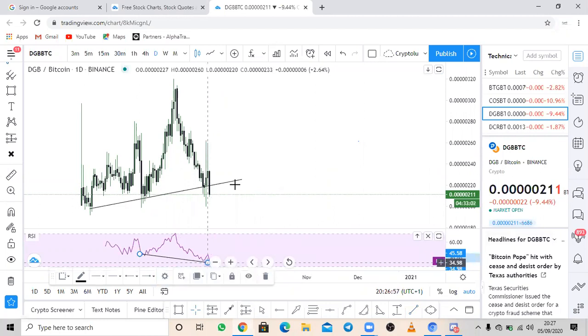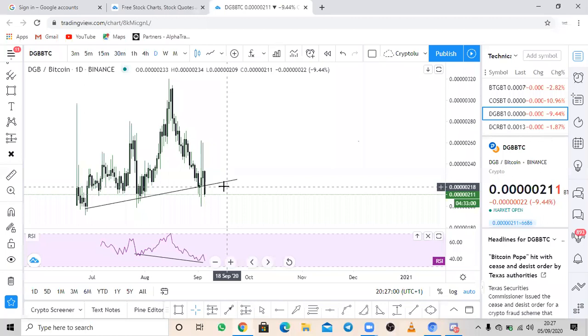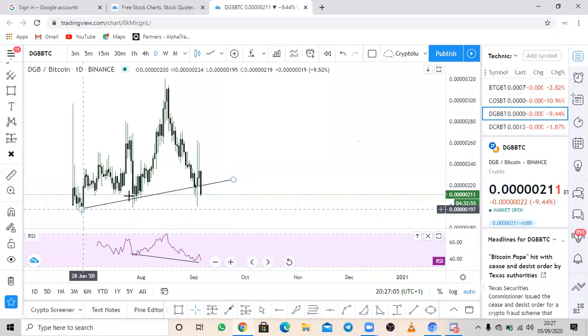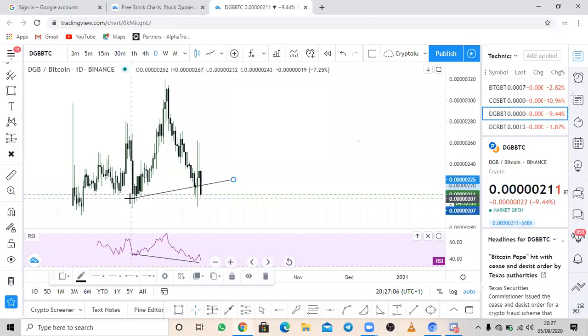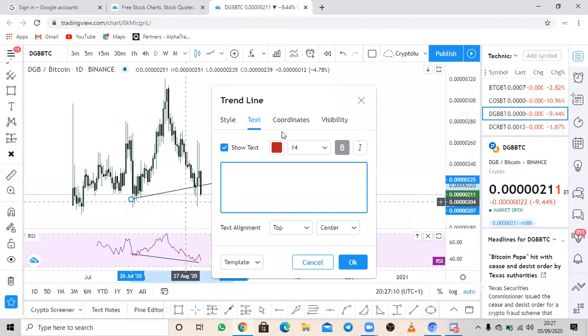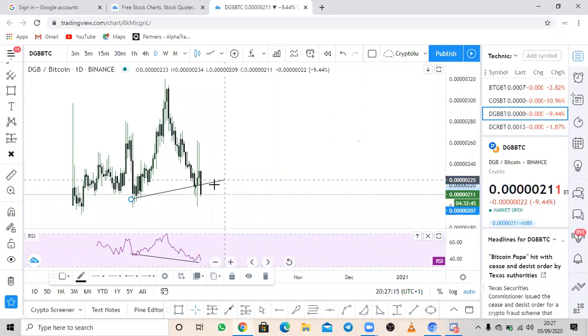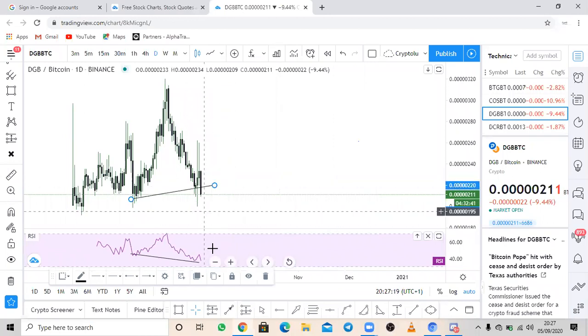Okay, so we have a bullish divergence, and from here to here, we actually have a bullish divergence. Now, one of the reasons why I'm still bullish on this is when you look at price, it already broke through this already.